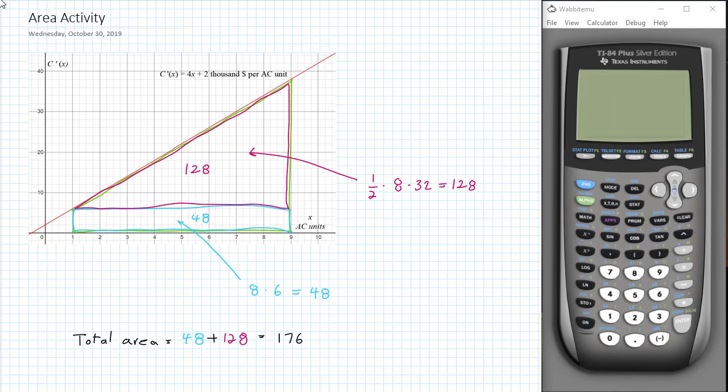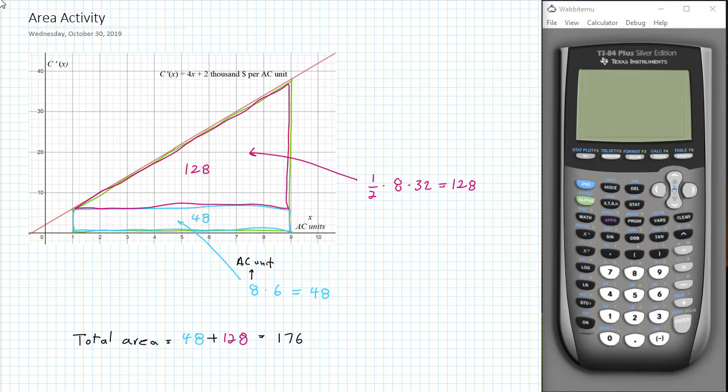Now, let's put some meaning to everything here. When we went ahead and worked out the 8 and the 6 and the 8 and the 32, I didn't take into account the units. So when we said that these were 8 units wide, well, it was 8 AC units. So this 8 is in AC units, number of air conditioners.